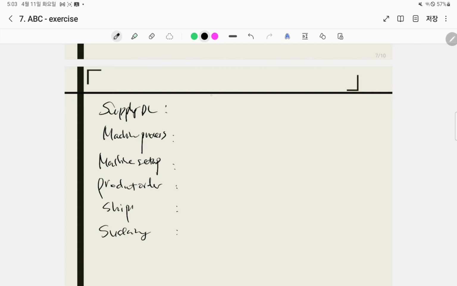so for K425 activity level, how many direct labor hours are consumed? 80 hours, right? So you multiply this activity level with the activity rate of supporting direct labor. The activity rate is $6 per direct labor hour.